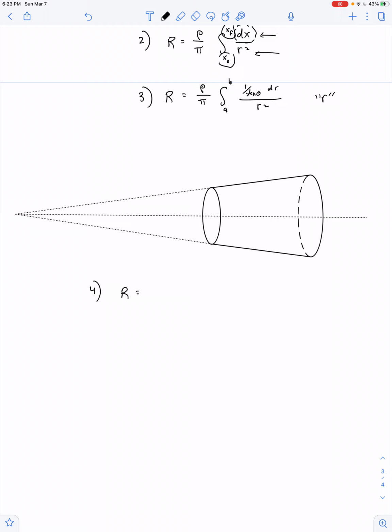So R is equal to rho divided by pi tangent theta, the integral as r goes from a to b of r to the negative 2 dr.